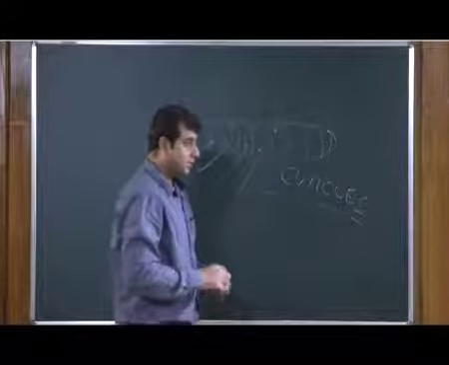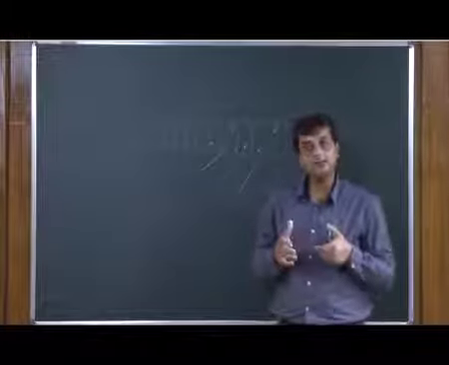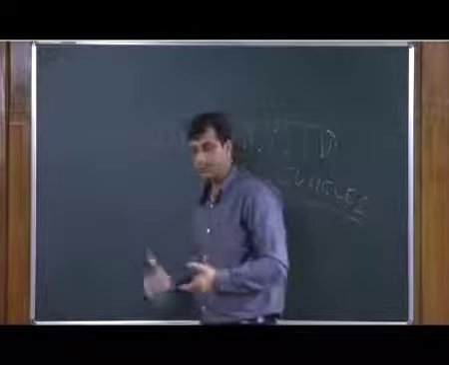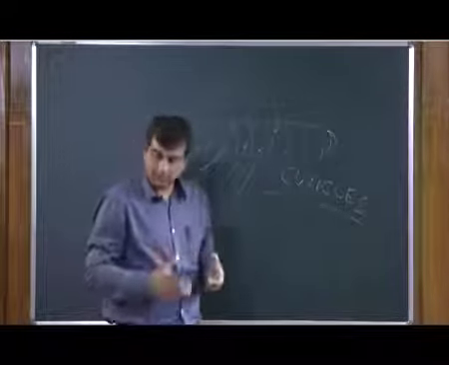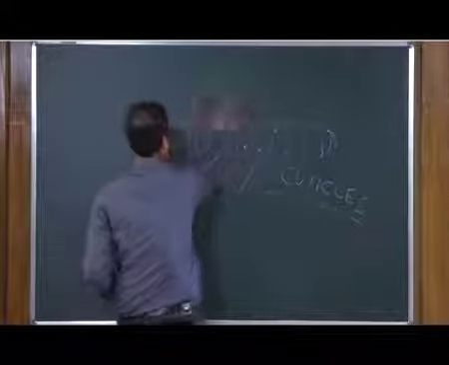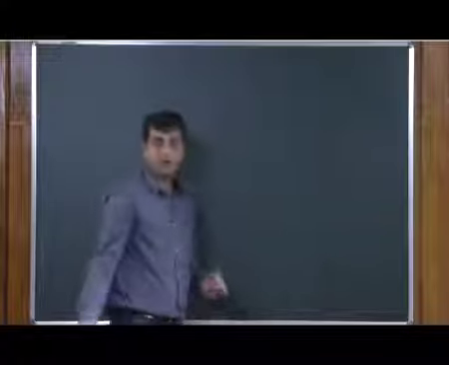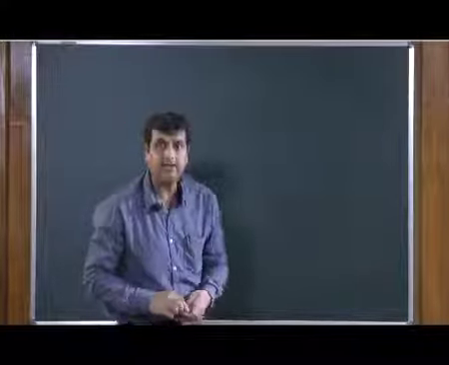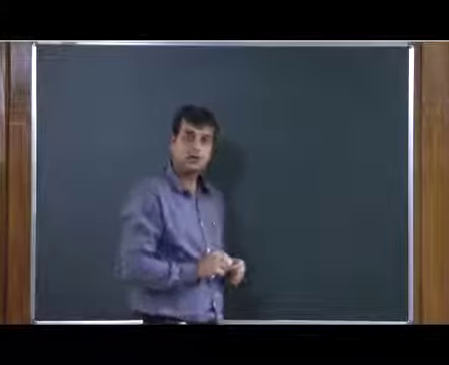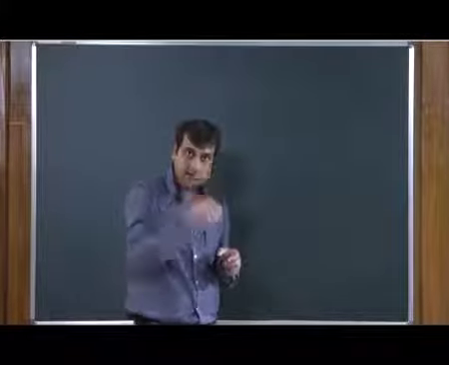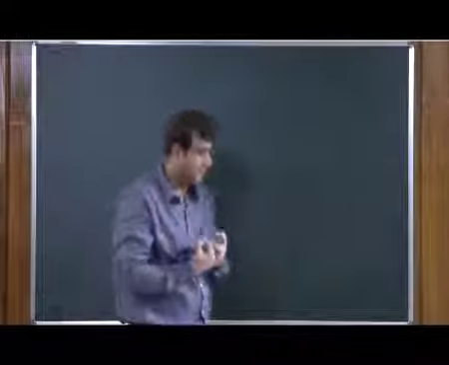Now, as I said earlier, organisms evolve in due course of time. That happened, and one such evolved organism next in our slide is Arthropoda. Arthro means joint, and poda means leg, so they have jointed legs.